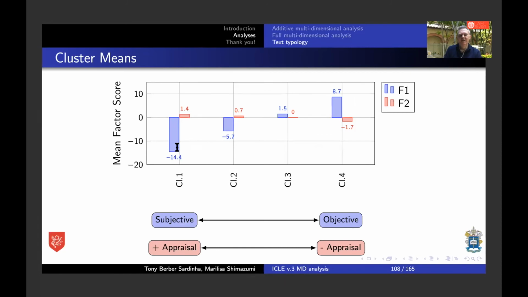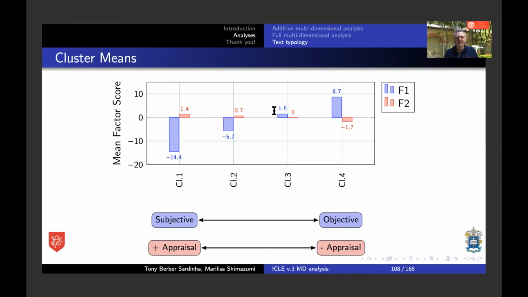So here are the scores. This goes from subjective to objective, all right? The subjective cluster 1 has scores that are very negative on dimension 1, and just above 0 for dimension 2. Then cluster 2 is less negative on 1, and it's dropping for dimension 2.